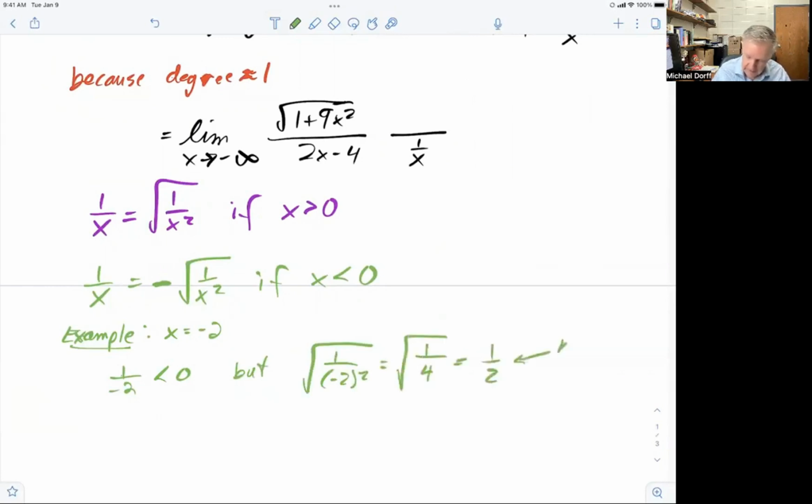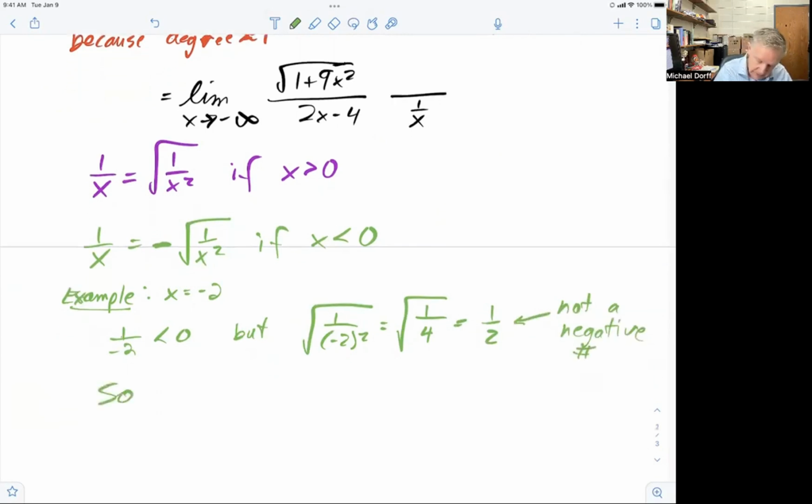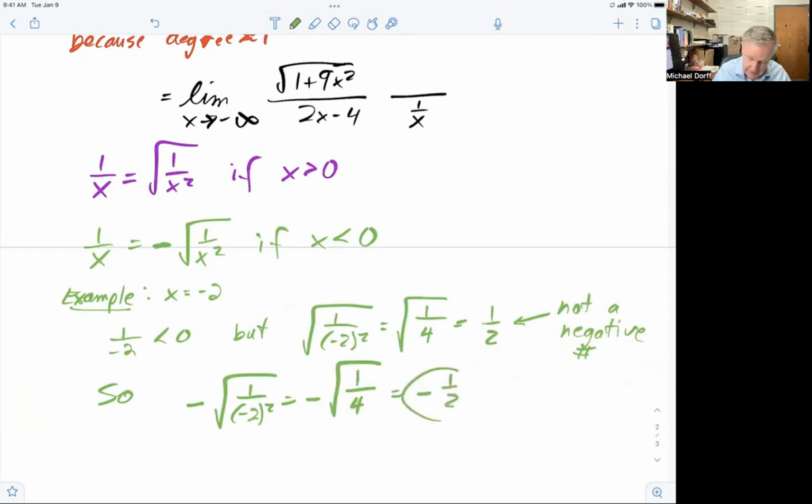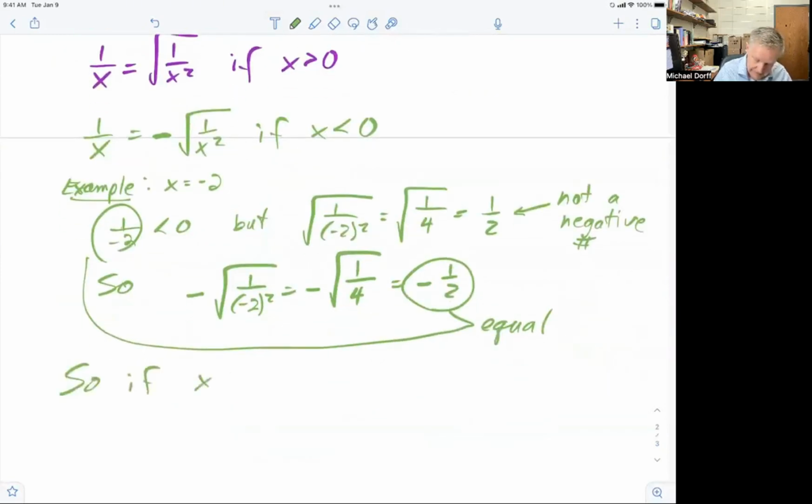That's not a negative number. So we have to do negative the square root of 1 over negative 2 squared, and that would give us negative the square root of 1 over 4, which is negative 1/2. And now these two are equal. So if x is less than 0, or in other words, it's a negative number, then we have to use 1 over x equals negative the square root of 1 over x squared.